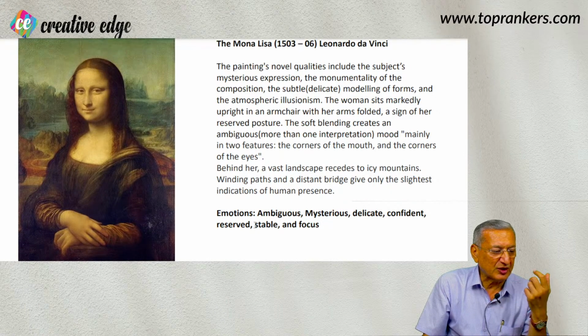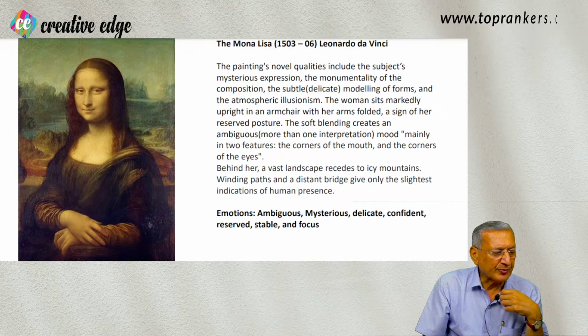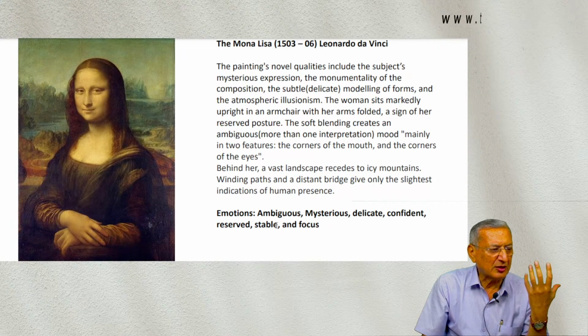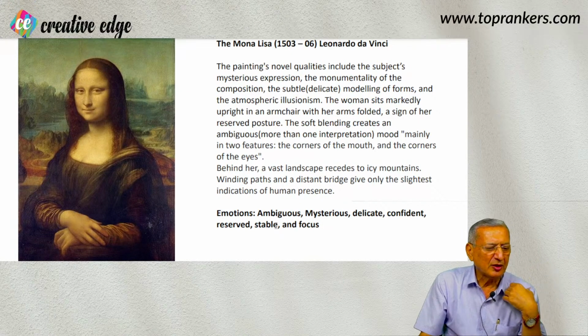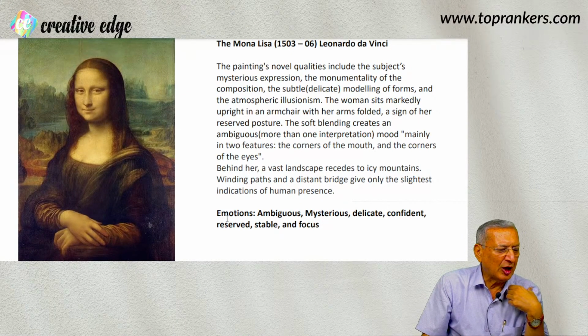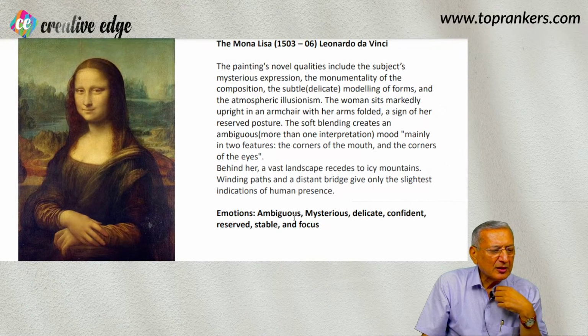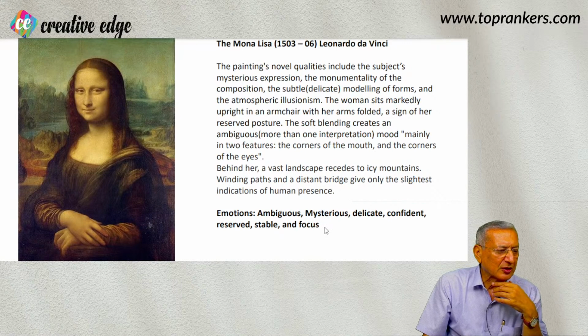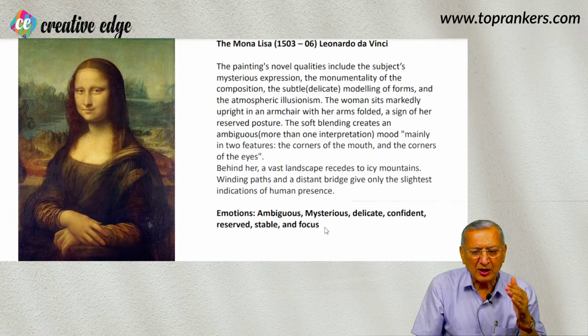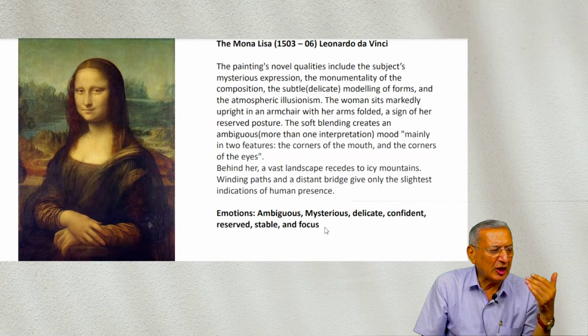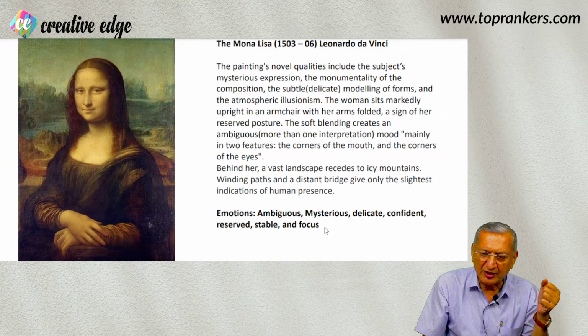That means as such she is resting one of her arm on the arms of the chair, and very stable, upright posture of the Mona Lisa. And then with the eyes again, you can find out there is a focus. You could add a couple of more emotions, right?